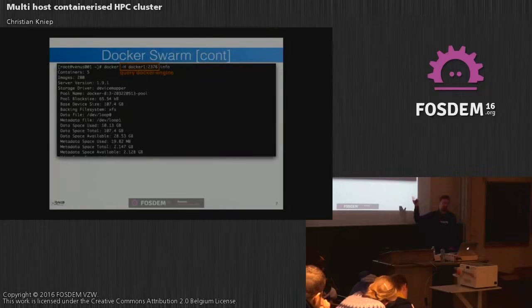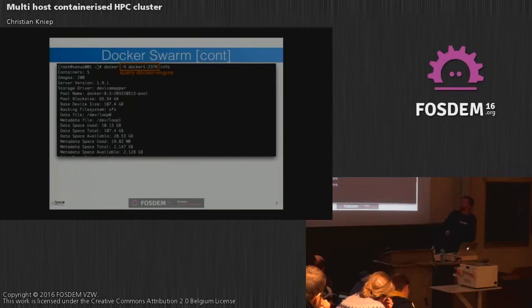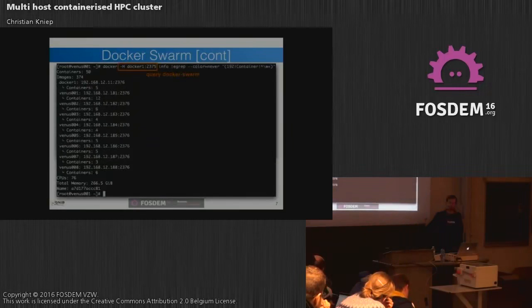Anyway, what it brings you is, for instance, when I query one node and I do docker info, which shows me the amount of containers running, the memory available, and so on. If I do this with the Docker engine directly, then I get this output.